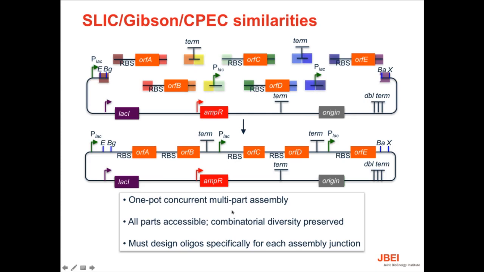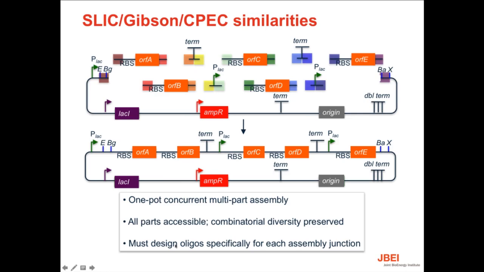And if you want to make combinatorial libraries, since you're doing this all in one step instead of multiple cloning steps, you don't lose any of your sequence diversity between steps. You still have to collect as many colonies as you need to oversample the diversity of your library, but you're only doing a single cloning step, so it's easier not to worry about losing your diversity.